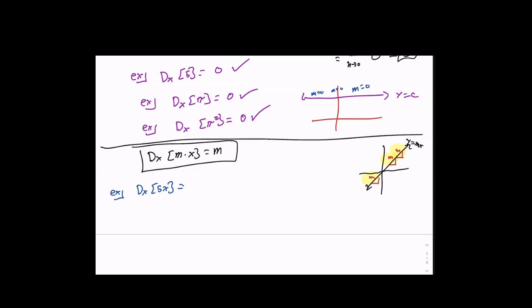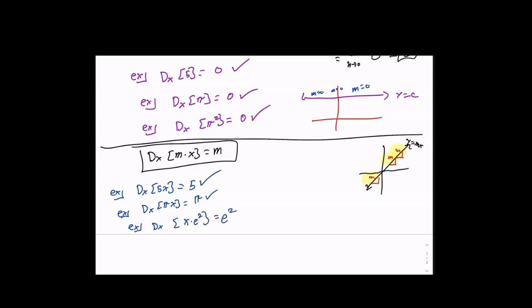And yes, the answer is supposed to be obvious. Yeah, 5. What's the derivative of pi x? Pi. And what is the derivative of x times e squared?